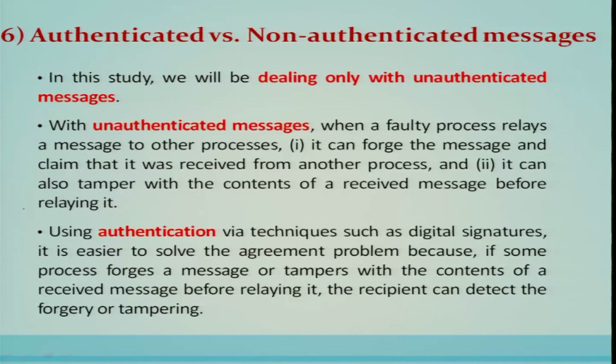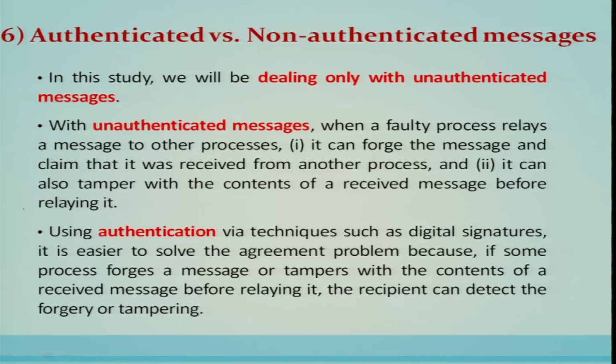Authenticated versus non-authenticated messages. In this part of the discussion, we will be dealing only with unauthenticated messages. With unauthenticated messages, when a faulty process relays a message to other processes, it can forge the message and claim that it was received from another process, and it can also tamper with the content of the received message before relaying it.